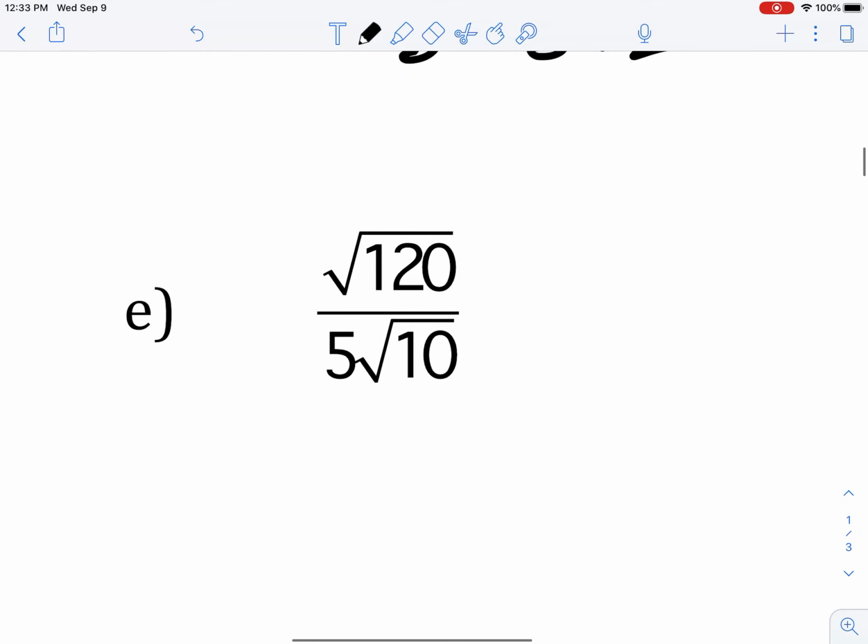1e, when you're dividing with radicals and you have two numbers that are both underneath the radical symbol, you can divide them if one is a factor of the other. So 10 does divide into 120 12 times, and by doing so, you've now removed the radical from the denominator.